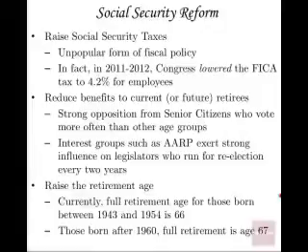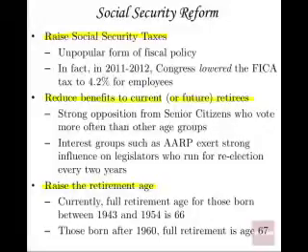So what are some possible ways to reform Social Security? If you're a politician and you had support from members of possibly both sides of the aisle, what are some possible reform measures? I'm sure there are several, but three that I can come up with right now that might work would be: one, raise Social Security taxes; two, reduce benefits to current or future retirees; or three, raise the retirement age.